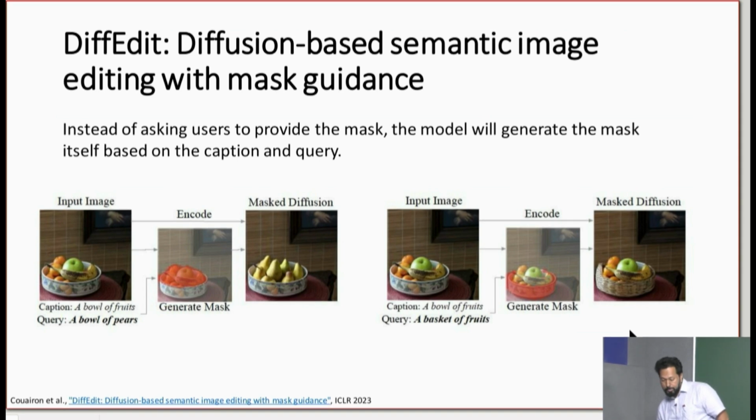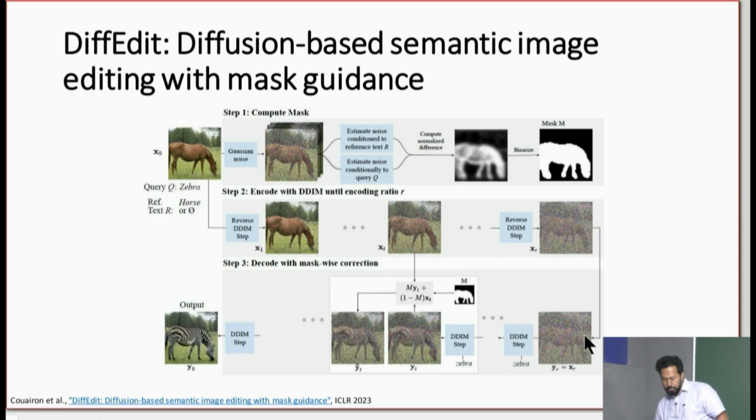So this was proposed by DiffEdit. Again, this is a diffusion based model. You may read this in detail. Again, the same process we may want to do here. The problem is that a horse is there, and I want to transfer this to a zebra. So your query would be zebra, and the reference is horse. Now the model will do the masking, finding where the zebra should go. All this should happen end to end.